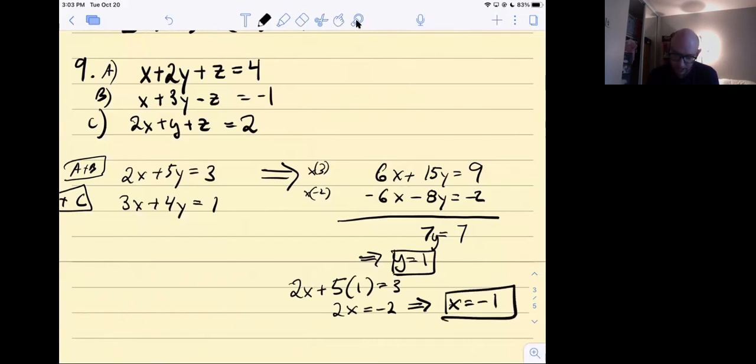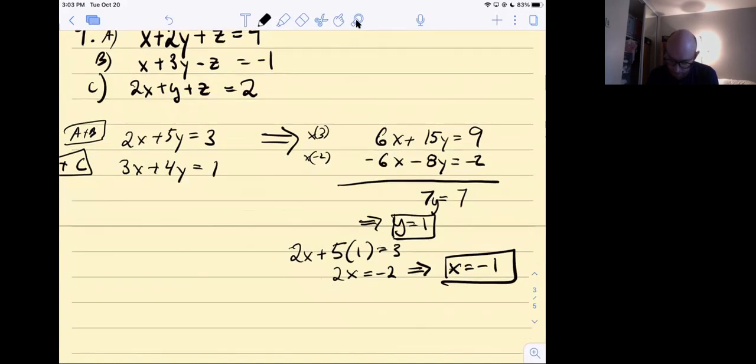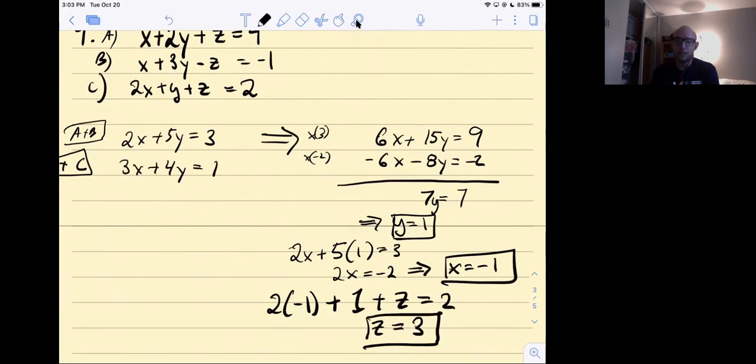And now plug into any of them that you want, maybe equation C. So I'll just write here 2 times -1 plus 1 plus z is equal to 2. And now moving things over, you get z is equal to 3. All right. And that's it. That would be the final answer, -1, 1, 3 for x, y, z.